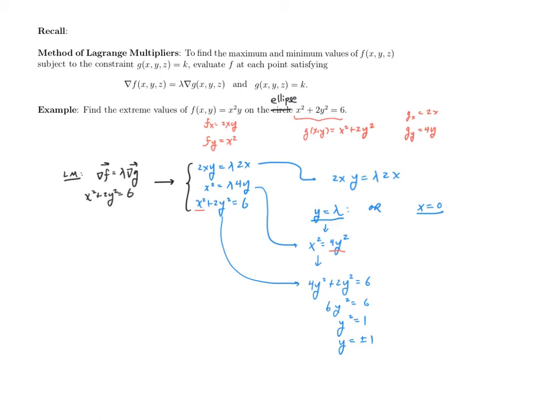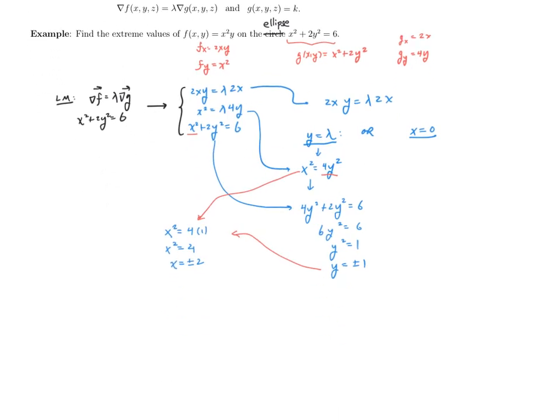And then we need to think about those corresponding x values. So if we come back to that x squared equals 4y squared, x squared is equal to 4 times y squared, so 1, which means x squared is 4, so x is plus or minus 2. And just think for a moment, how many potential points of interest does that give us?